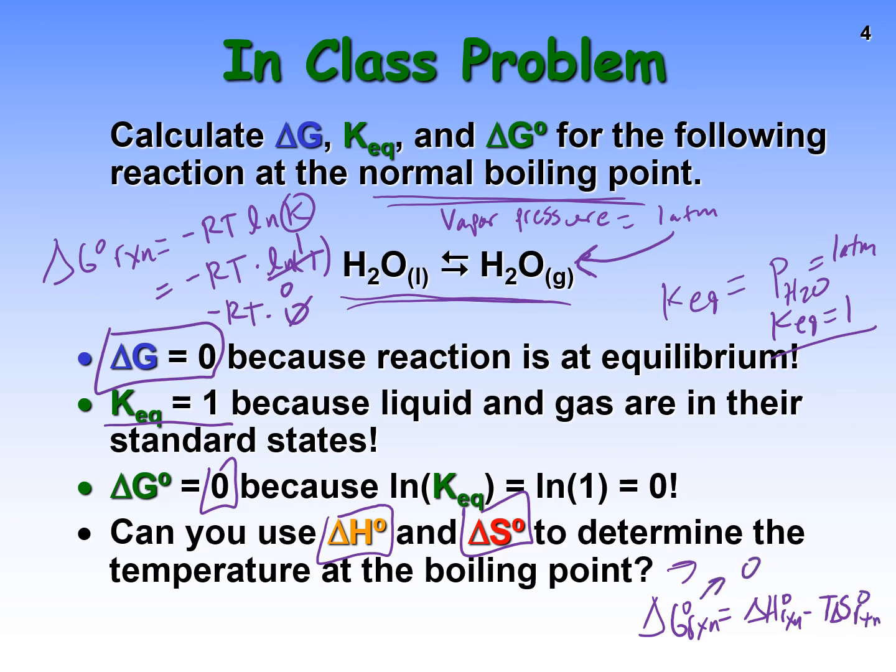The temperature this is 0 at will be your boiling point, as we just learned, because this will be true for any system that's at its normal boiling point. Which means if I know delta H and I know delta S, I can solve for the temperature this occurs at, and therefore solve for the boiling point.